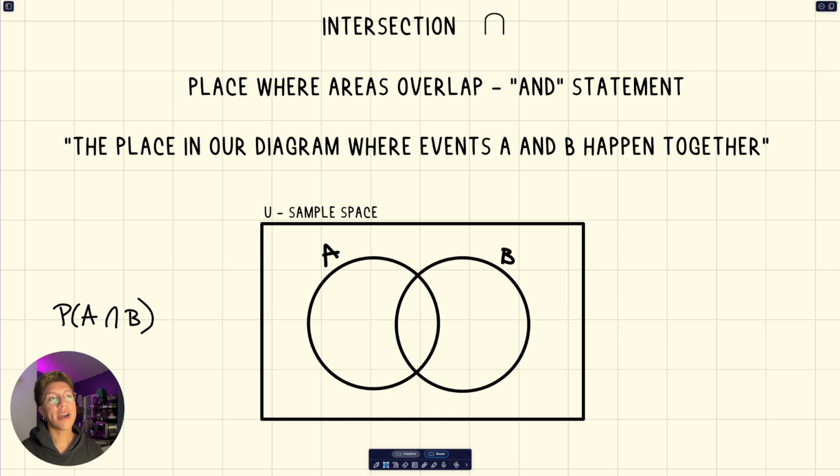And that's probably pretty obvious to see where that happens, but we're going to use our method that we'll use for the intersections after this as well. We want to find first the part of the diagram that represents A, and we want to highlight that entire area.